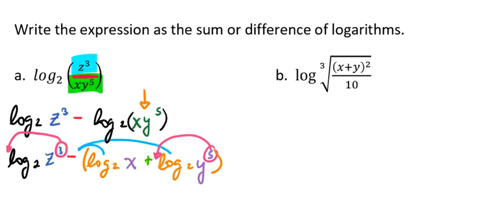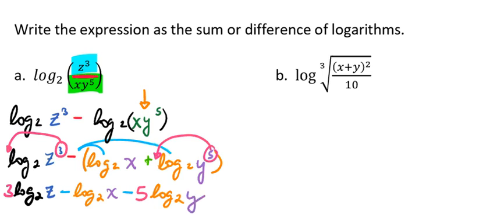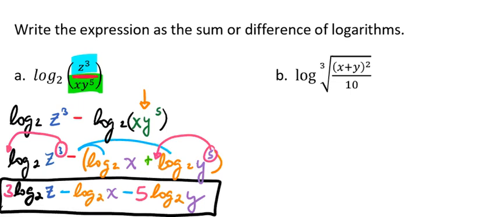So I'm going to end up having 3 times the log base 2 of z minus the log base 2 of x minus 5 times the log base 2 of y. And now I have everything simplified and expanded. And so that's going to be my final answer.